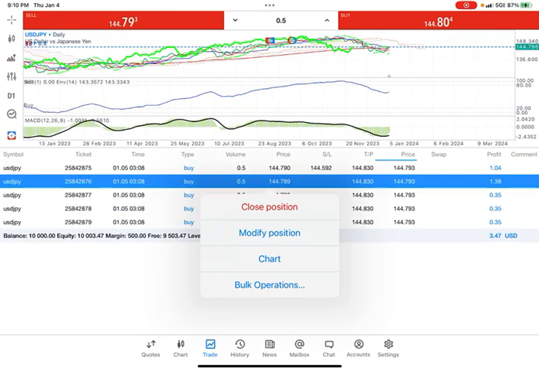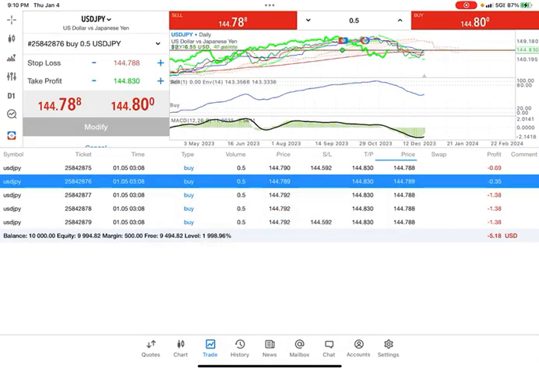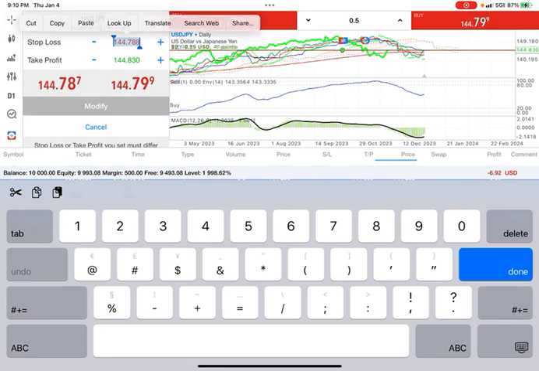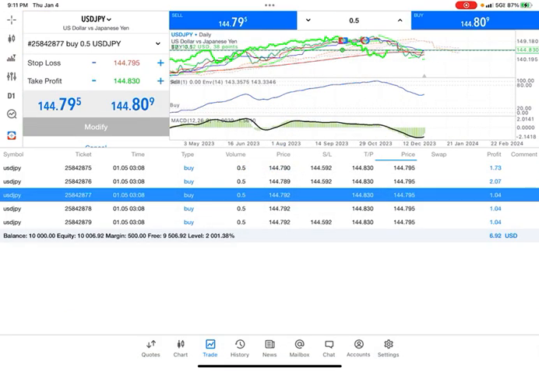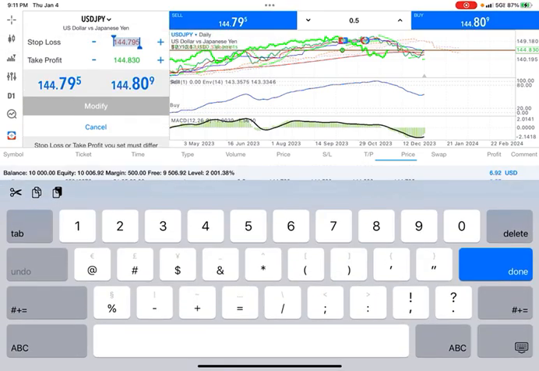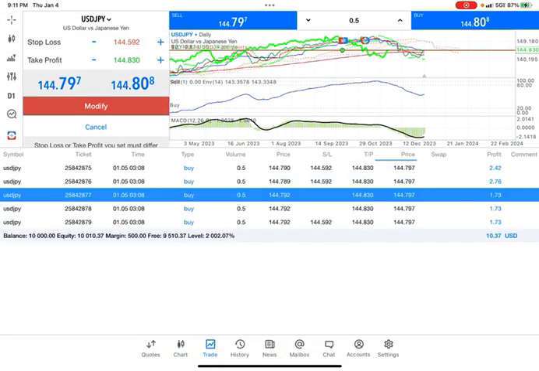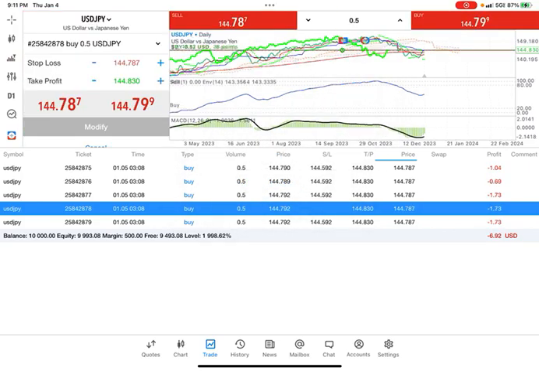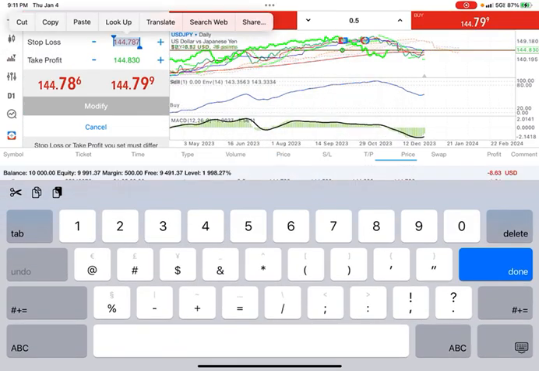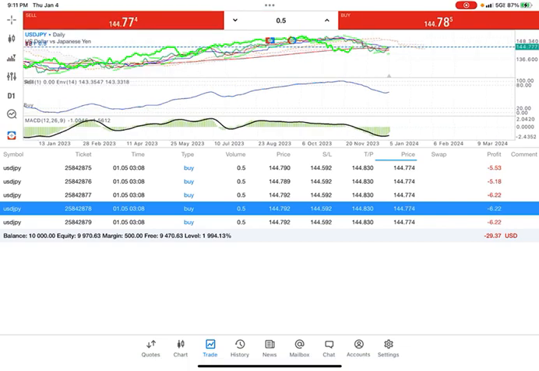So I'm just copying, pasting the same stop loss, okay? That's it. So this should give you about $10 to $20 profit, okay?